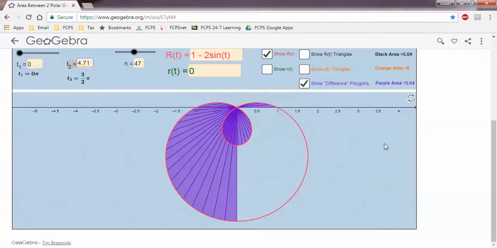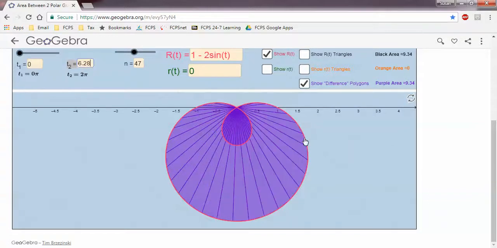Do you notice how this purple part is double the darkness of this purple part? This part actually ends up getting overlapped twice. From 0 to 2 pi, there are 2 layers of the circle. You fanned out and found one small layer, and then you went around again and calculated double the amount. It's like 2 pieces of paper on top, and you need to remove both of them.